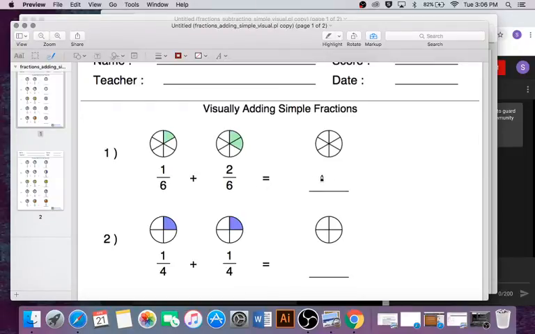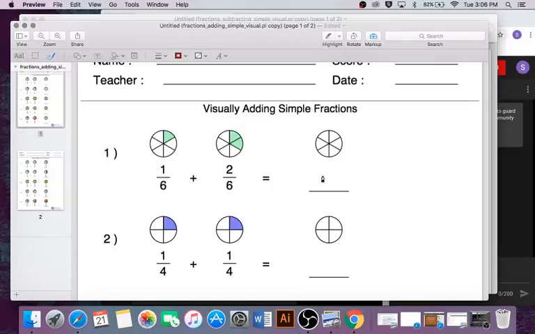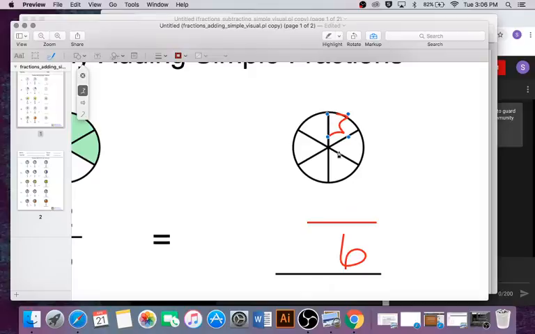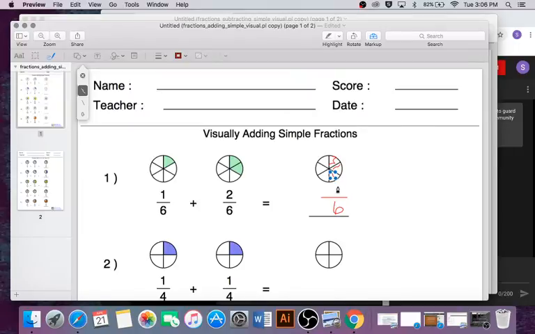So when we add them together, our answer still has 6 pieces, so we keep the 6 as the denominator, but then we add the 1 from the first one and the 2 from the second one, which gives us 3 shaded pieces. So our numerator is going to be 3.